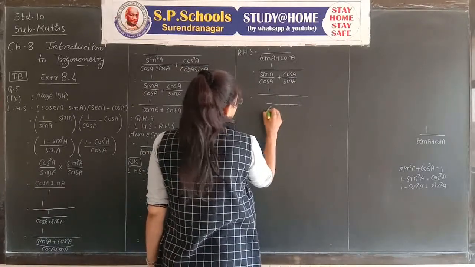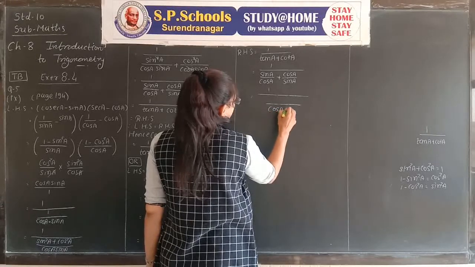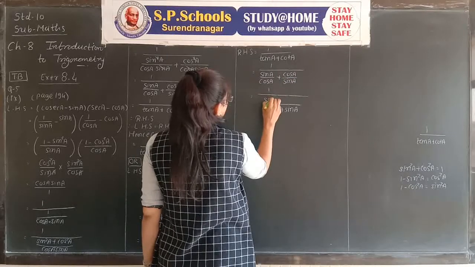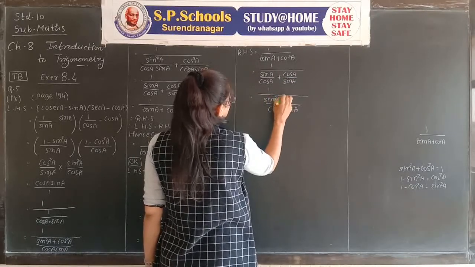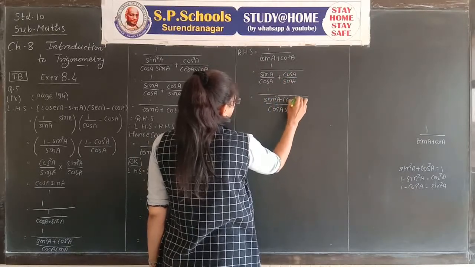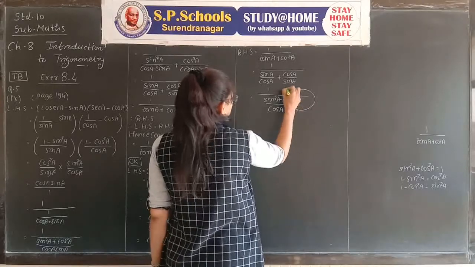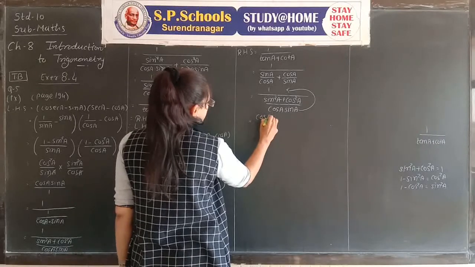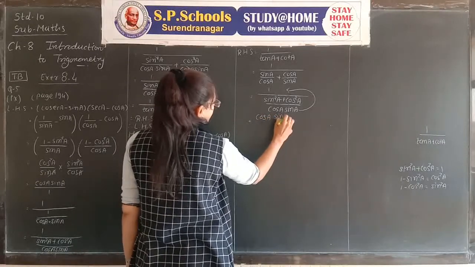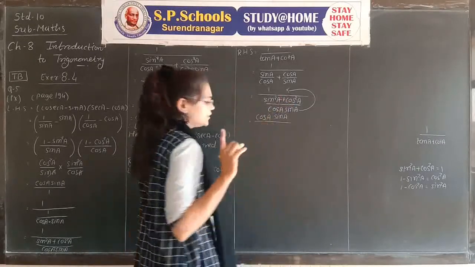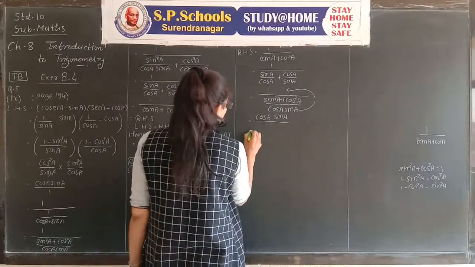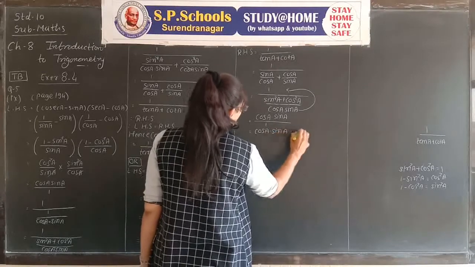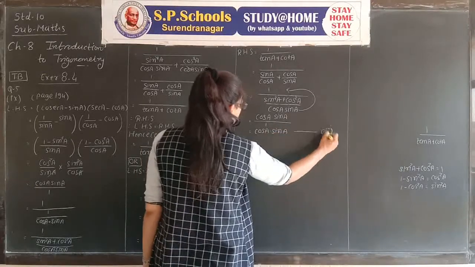Our LCM is cos A into sin A. Sin into sin, square of sin, plus cos into cos, square of cos. Denominator goes to the numerator, equals cos A into sin A upon the identity sin square plus cos square is equals to 1, is equals to cos A into sin A, which is our result number 2.